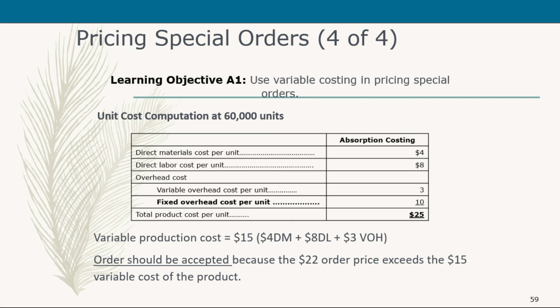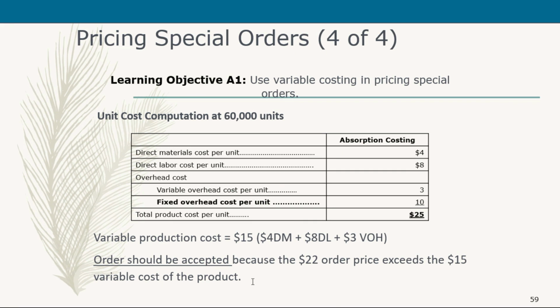Okay, $3. So in this case, since your order price of $22 is higher than your variable production cost, the order should be accepted because you will have an incremental income of $7 per unit.